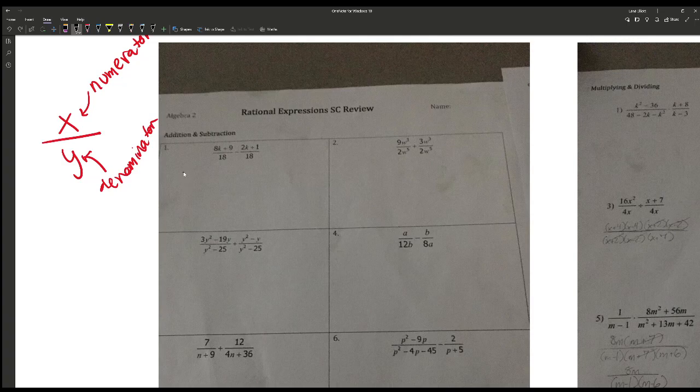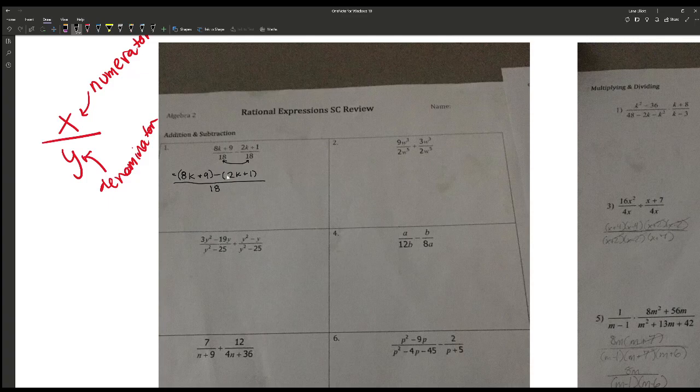So we now have 8k plus 9 minus, you're going to put brackets around this one, minus open bracket, 2k plus 1. And since these are the same, it just can be equated, so it just goes right there. So this is all over 18.